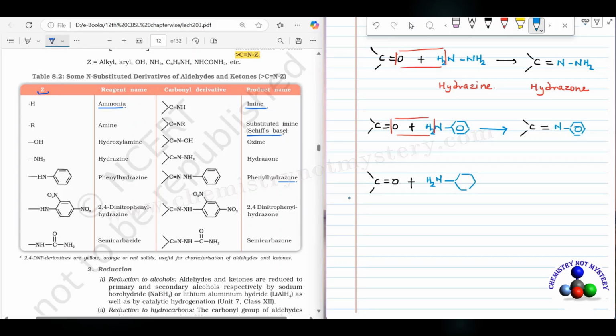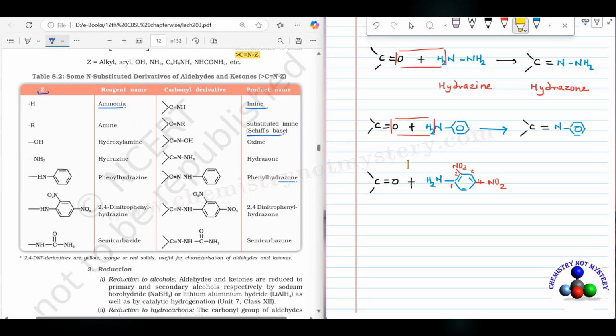And phenyl group is bonded to nitrogen. So here you have to number it from here. So 1, this is 2, 3 and 4. Second position nitro group is there. So NO2 group is here and on fourth position also nitro group is there. So NO2 is also there. So the name of this reagent is 2,4-dinitrophenylhydrazine.